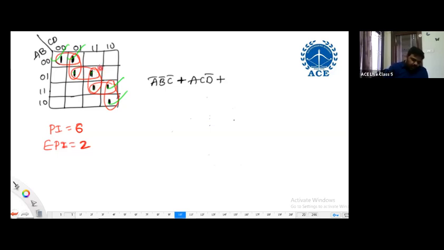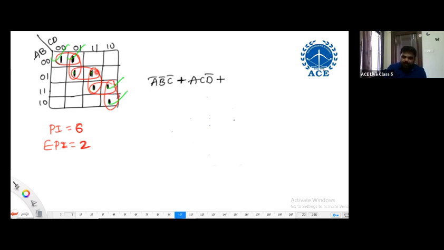Then other possibility. If I choose this B, C, D, and if I choose this A, B, C. If I choose this plus this, again two terms. And again, choosing this one is one and this one is the other one. Check it correctly. Possibilities: this plus this, one possibility.